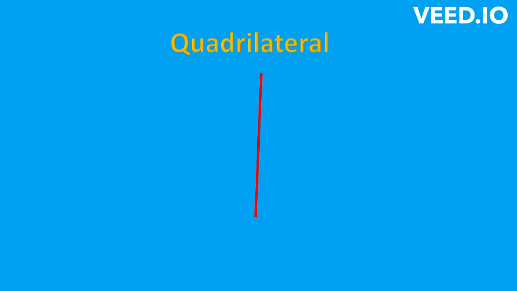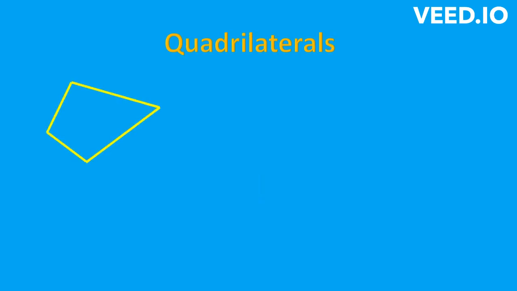Let's learn about quadrilaterals today. A quadrilateral is a 2D shape with four sides.